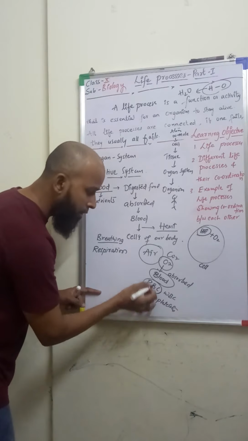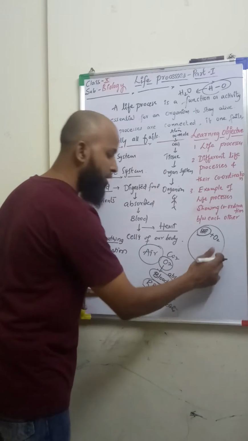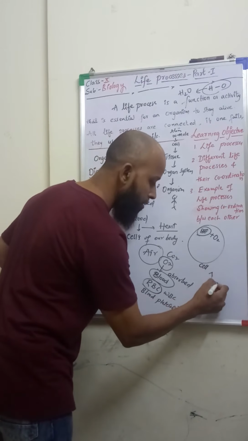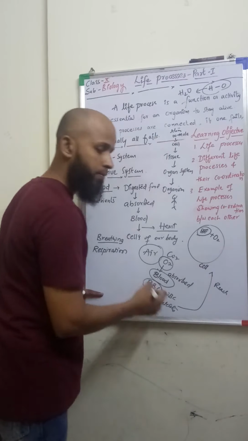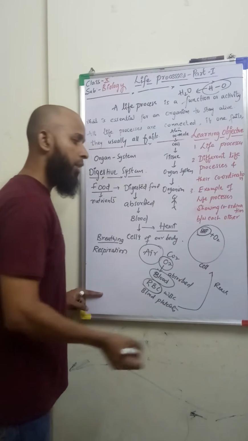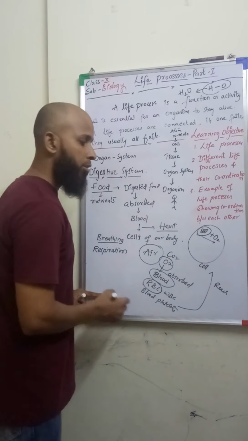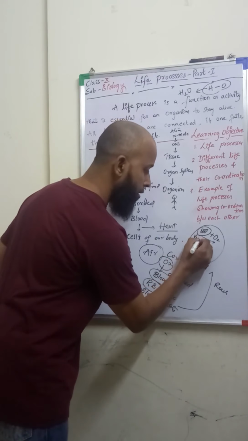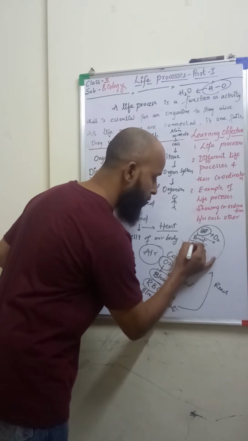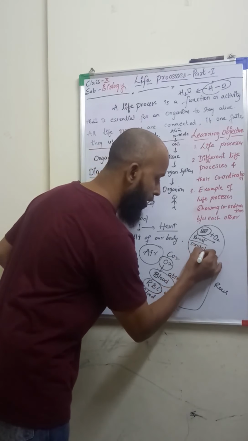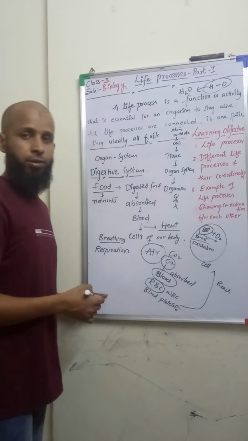So now from there the blood reaches the cell. Now inside the cell, what will happen here? The food is burnt, or the food undergoes oxidation.